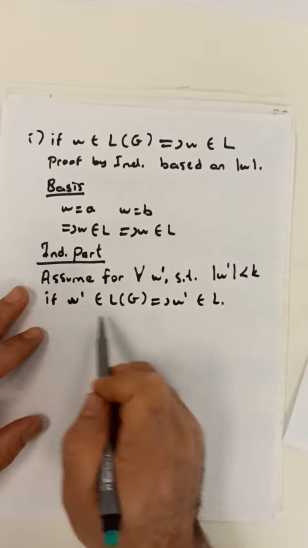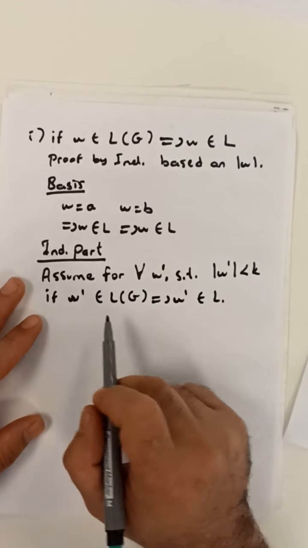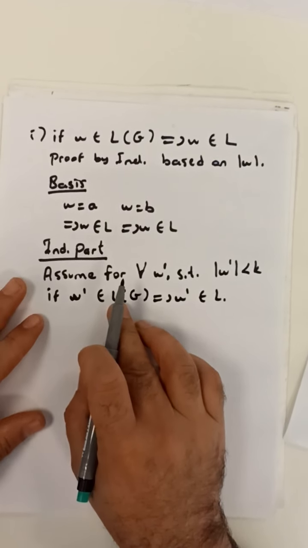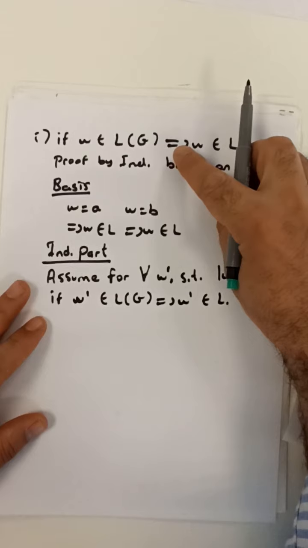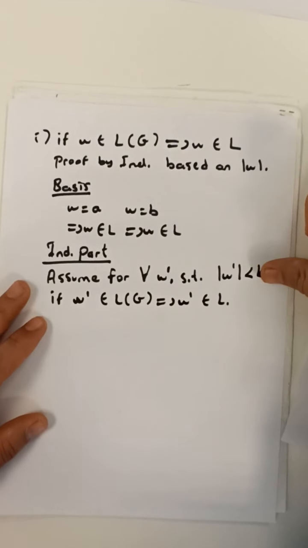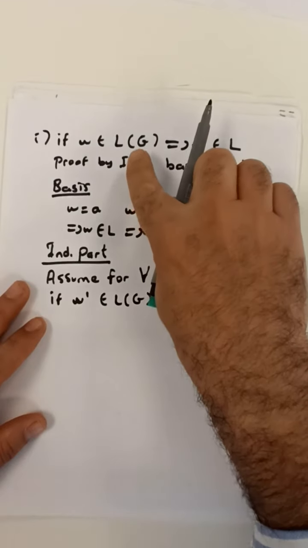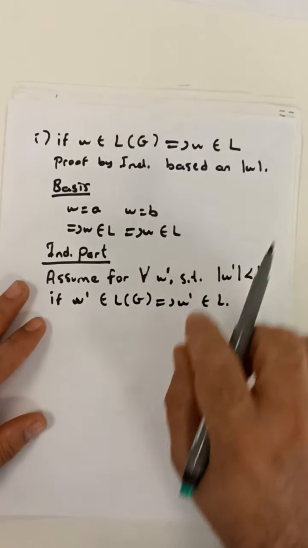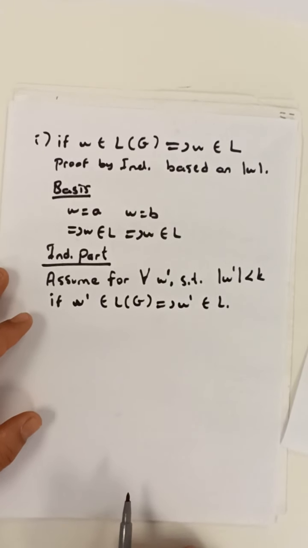Let's assume that this is true. Now we will try to do the same thing. Based on this inductive hypothesis, we will try to prove that for W with length exactly equal to K, if W is in the language generated by the grammar, then W also belongs to the language.